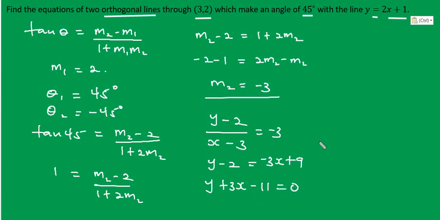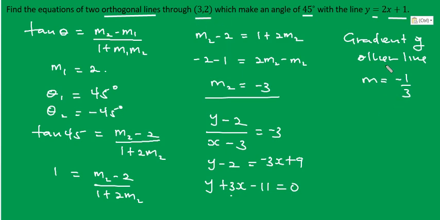Now to find the other line, since these two lines are orthogonal, we can just use the gradient of this line. There are two ways, or we can come back here and we use this angle. So let me use, since the two lines are orthogonal, the gradient of another line will be equal to negative a third, and they pass through the same point.